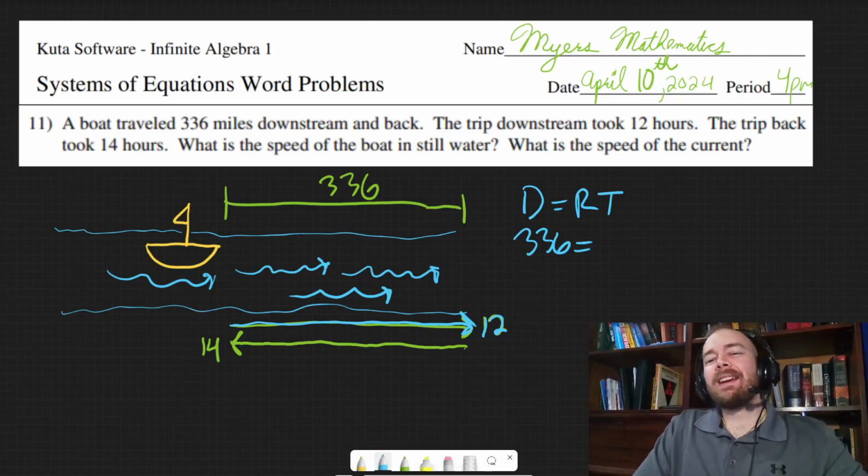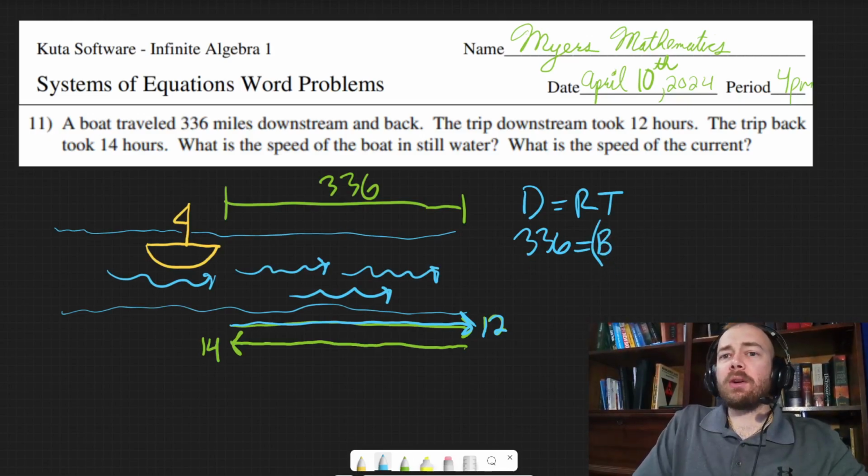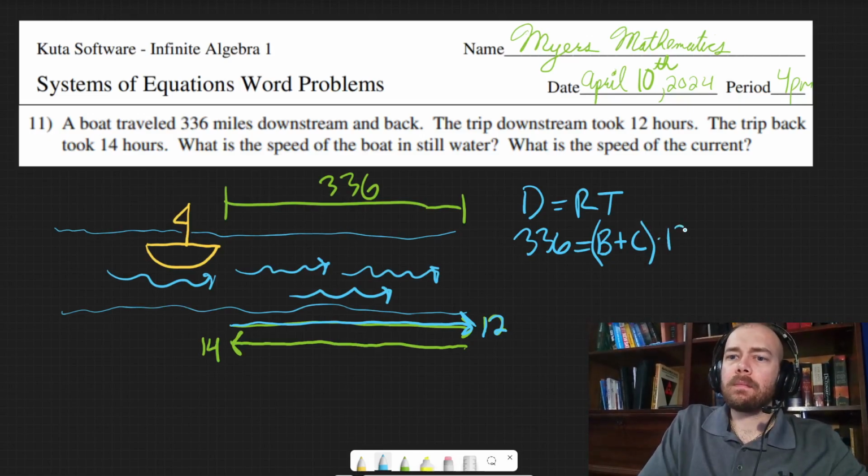So the boat engine is making it go a certain speed. And if it's going downstream, that means it's going along with the stream. It's going to take less time. It's 12 hours versus 14 hours. It takes less time because it's going faster. So we're adding the current, and that's our rate. The time is 12.